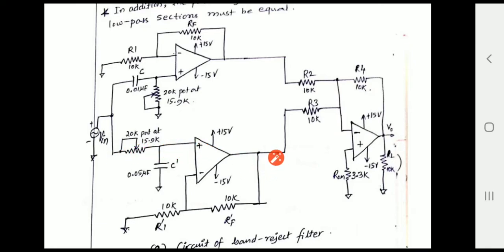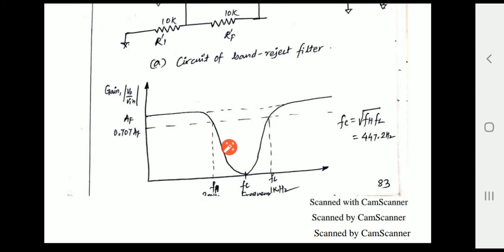So we can say that this is a low pass filter, which allows the frequency components of the input signal towards the output side until it reaches its cutoff frequency, which is FH. The same thing is shown here. This is the output of the low pass filter. It provides a constant gain at the output side until the frequency of the input signal reaches the cutoff frequency FH.